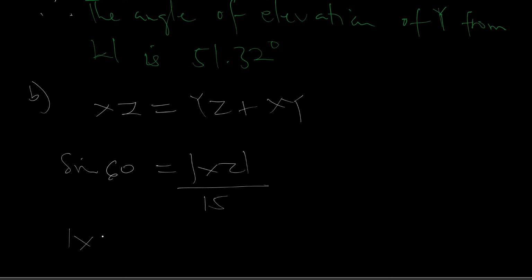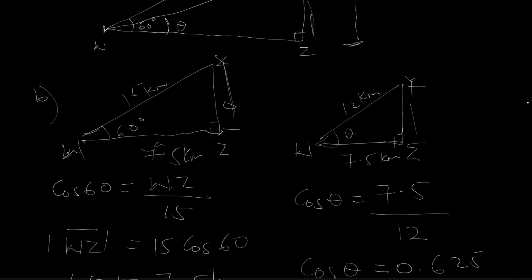Then our XZ is equal to 15 sine 60. So we have our XZ to be equal to 9.3678 kilometers.